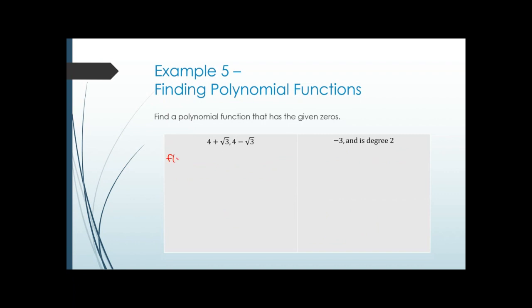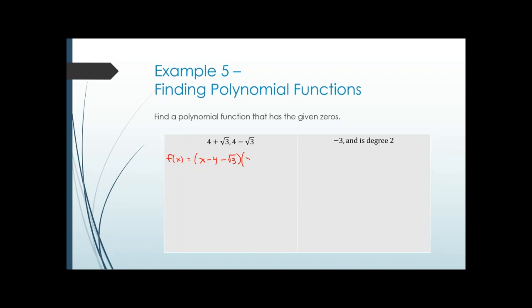This is where it gets tricky because we have x minus, and then you're taking the opposite sign. So if I'm going to do 4 plus square root of 3, it's going to be minus 4, and also minus square root of 3, because you're taking the opposite sign when you put it in the factored form.